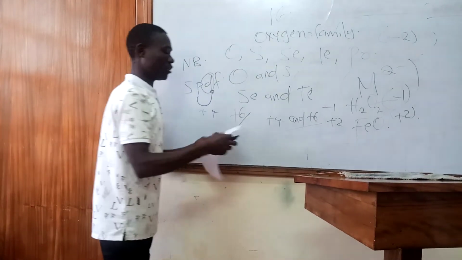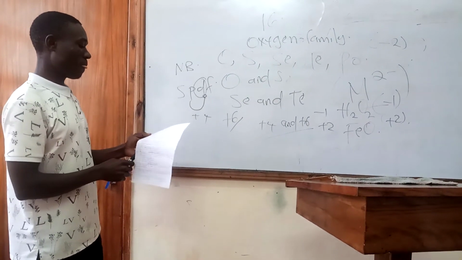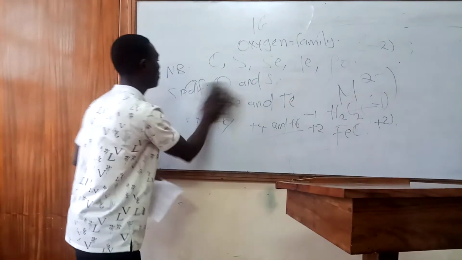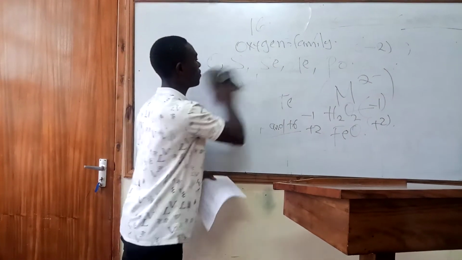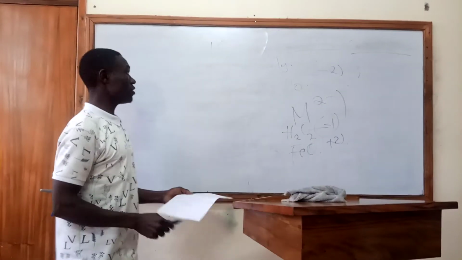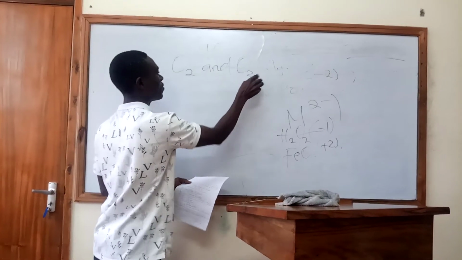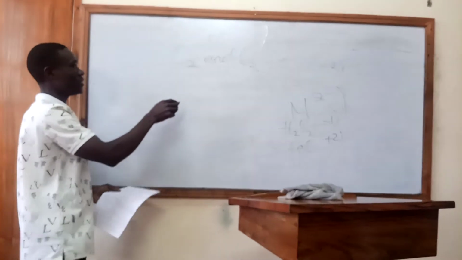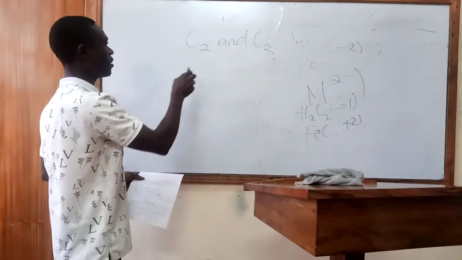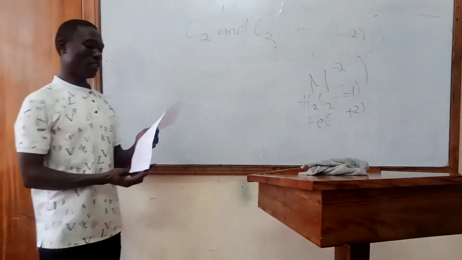The same way with oxygen. Let's see something small on oxygen. Oxygen exists as 2 forms: this one is the oxygen molecule and this one is ozone. So it exists as diatomic oxygen and triatomic oxygen.